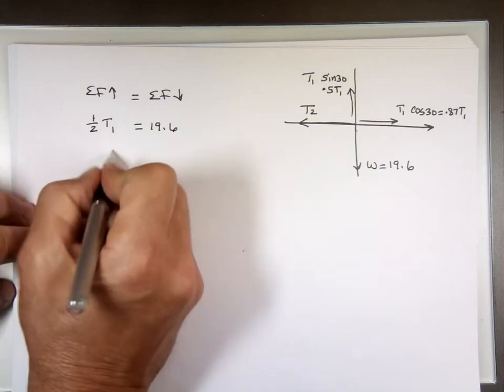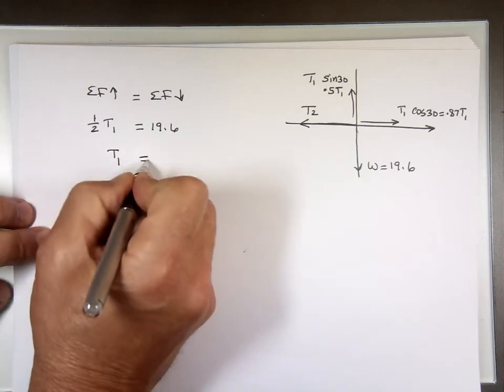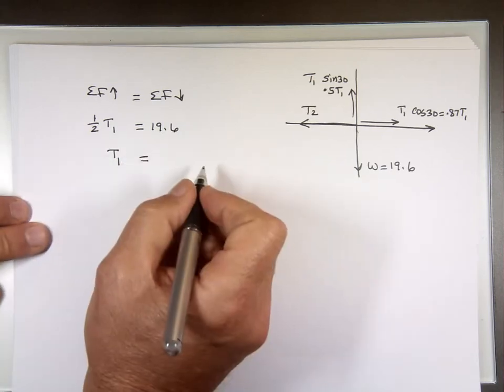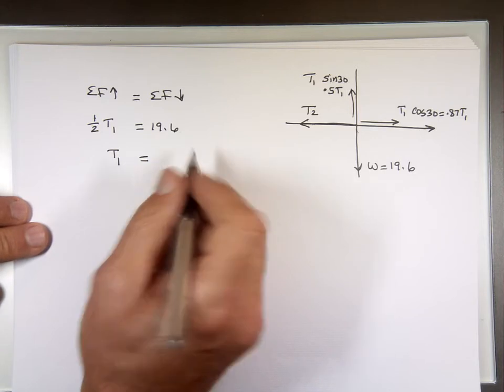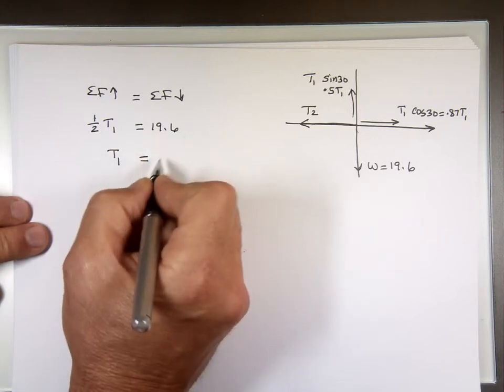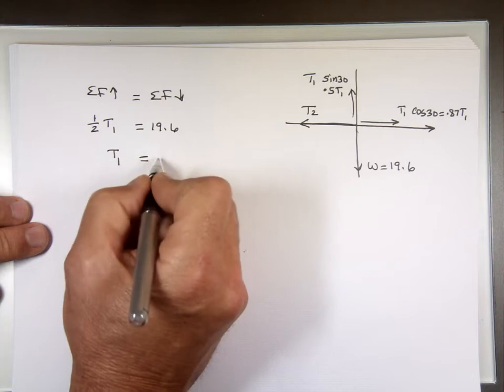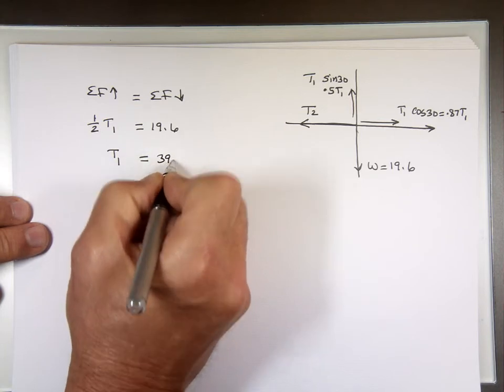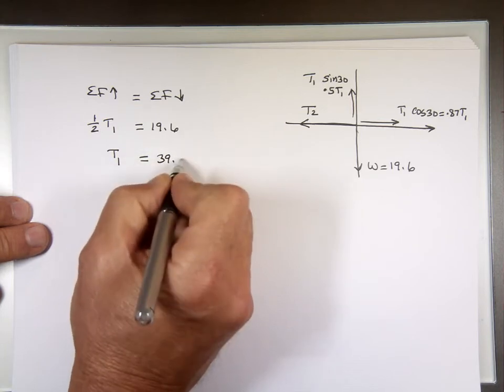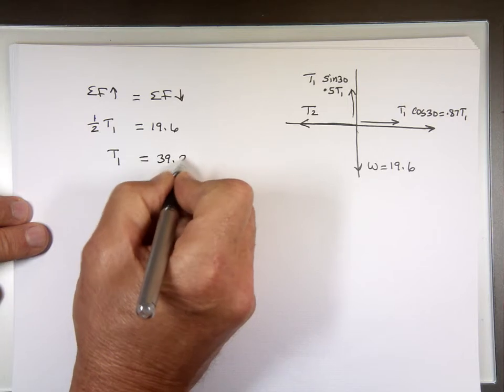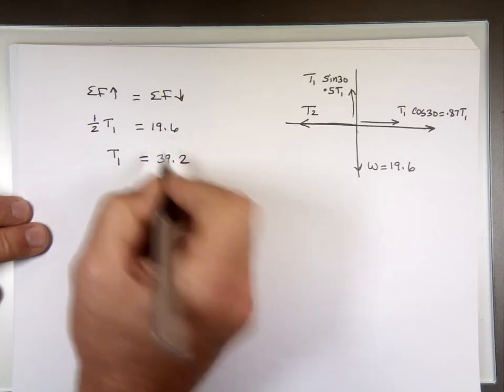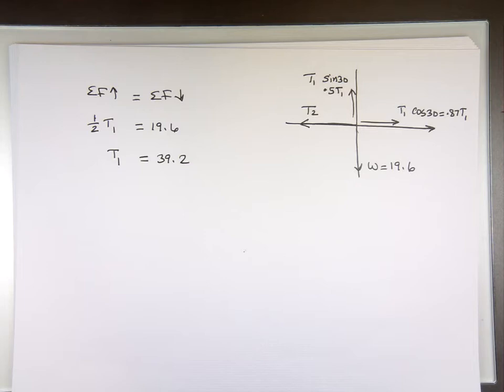Can we get what T1 is? Twice that number. So what is twice that number? 39.2.